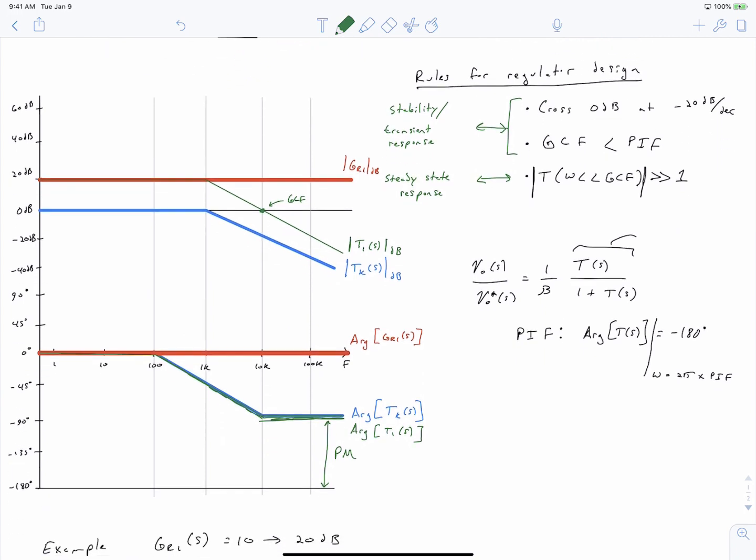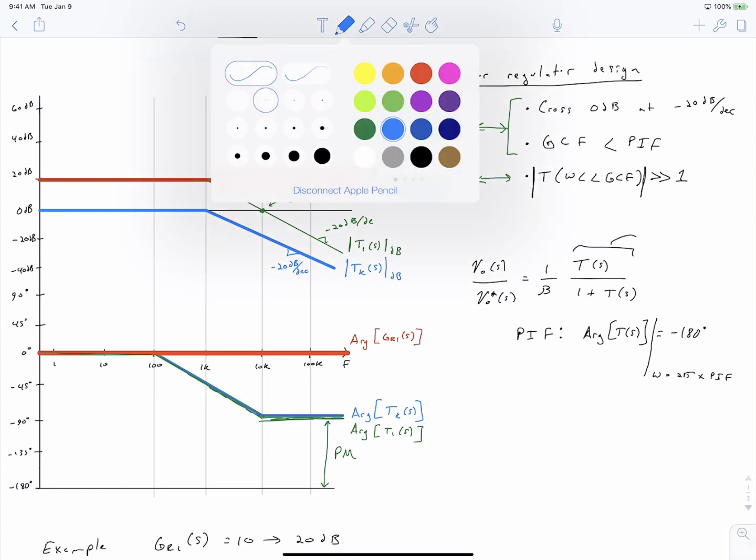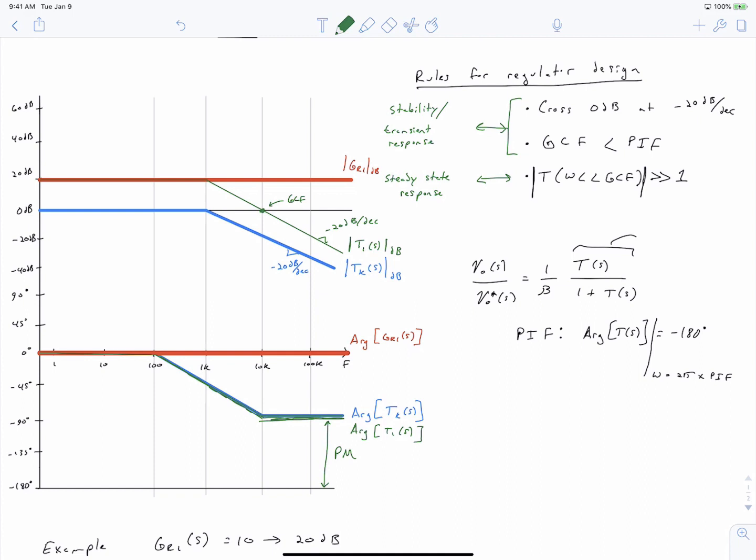If we look at our rules, we see that it has a gain crossover frequency. When it crosses over, our slope of this line is negative 20 decibels per decade. And that's true because the slope of this line was negative 20 decibels per decade, and we just shifted up by 20 decibels. So we passed this test.